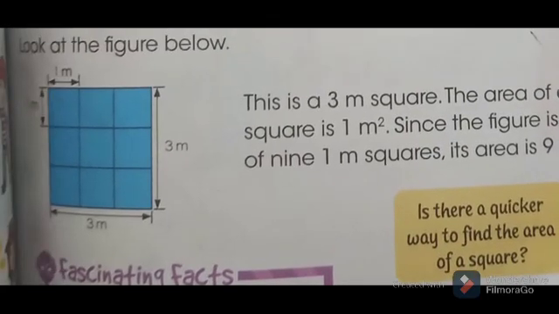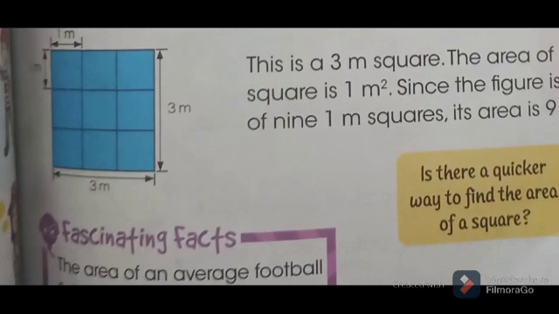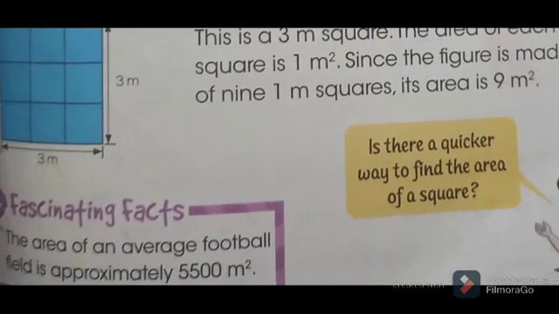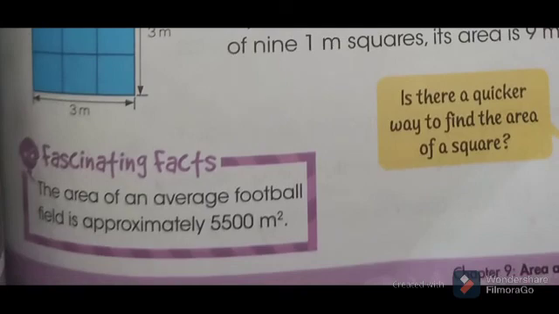Now you can see the figure below. This figure is made up of 9 square meters. So the area is 9 meters square. This is a fascinating fact you have to learn. The area of an average football field is approximately 5,500 square meters.